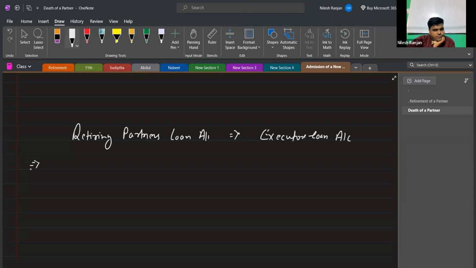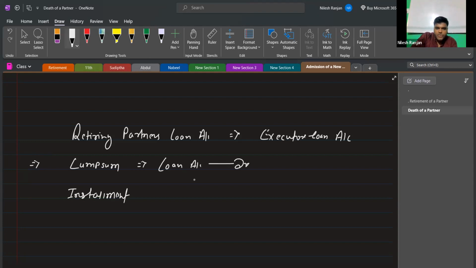I told you that in the first case we pay the amount in lump sum, and in the second case we pay the amount in installments. For lump sum, the journal entry is loan account debit to bank account, and the matter is closed.